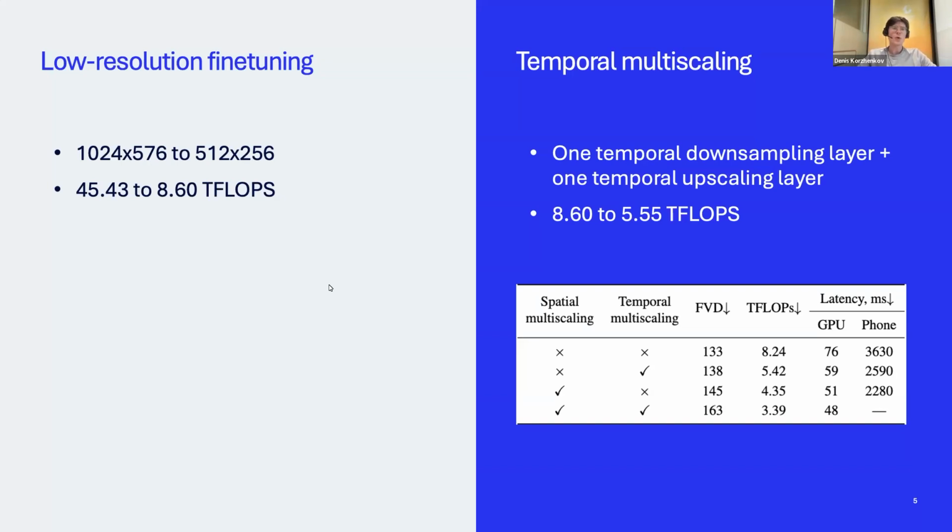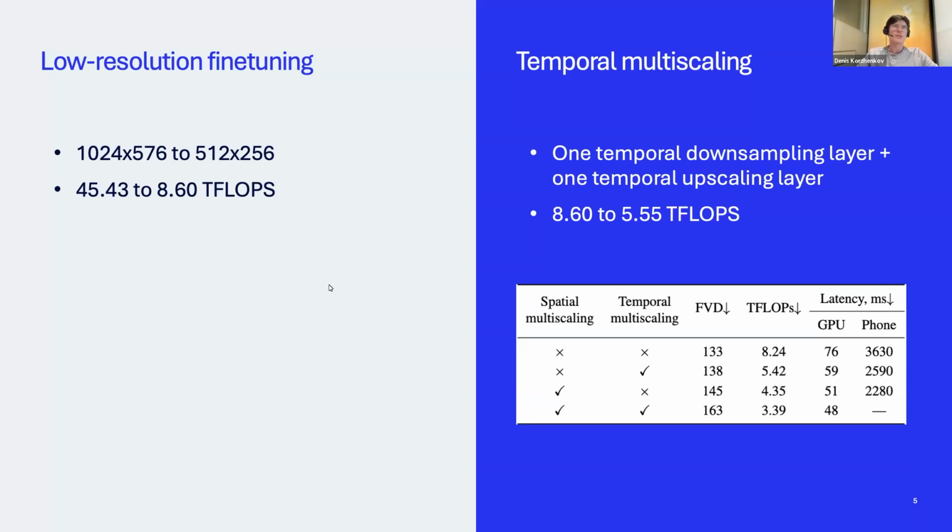It turned out that although originally SVD used to be a low resolution model that was fine-tuned for high resolution afterwards, as the authors had described in their paper, after we tried to generate low resolution videos, we realized that actually the model had forgotten everything about the low resolution generation. And we had to fine-tune the model to restore its capability to produce low resolution videos at resolution of 512 by 256.